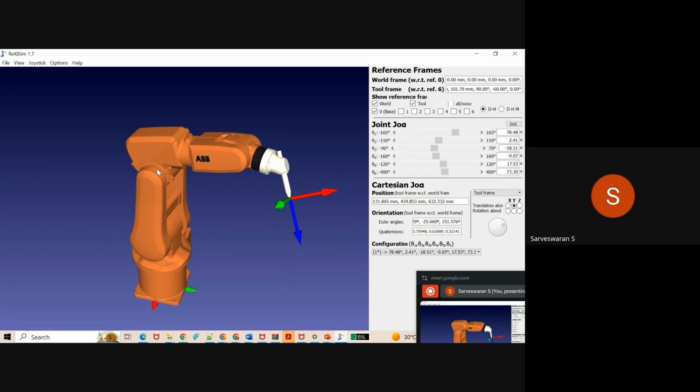Here, from here to here, you have the self weight of this link, this link, this link, this link, and in joint 4 you have a motor. That motor weight will also be considered. Joint 5, this motor will also be considered. Joint 6 also has some motor, and you have the end effector, whose weight is also considered.